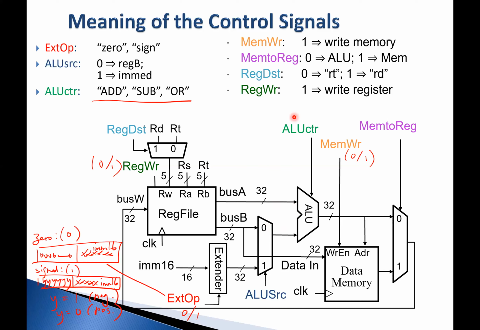ALU control, as I mentioned, is the control of your operation. That's why 0, 1 won't work, because I have more than 2 types of operations, right? So in that case, I'll give you a choice at that time, and then you just write down a number.